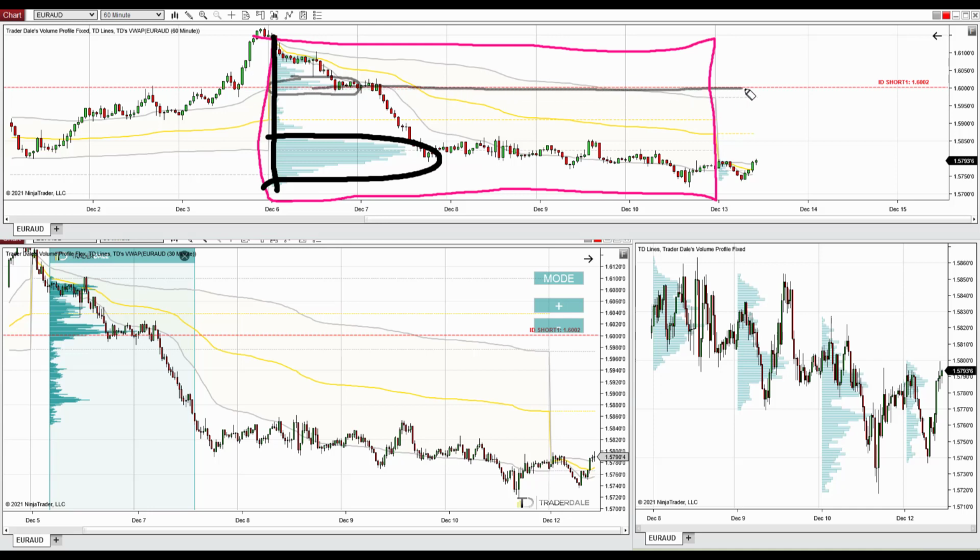The heavy volume cluster begins around 1.6002. This is a significant resistance. Now the reasoning behind that is that as there was this downtrend, sellers were pushing the price downwards, right? And as they were pushing the price downwards, they were adding to their short positions in here, at this volume cluster.